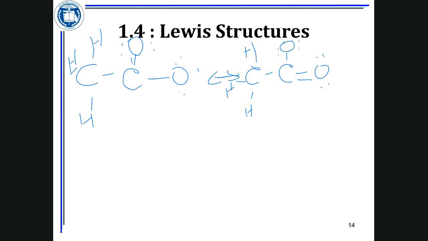Now, what's the benefit of having 2 resonance structures? Resonance structures are going to stabilize the molecule. How is this going to stabilize the molecule? The stabilization of the molecule is moving the charge from one element to another element. If you can distribute the charge among 2 different elements, it's going to make the molecule more stable.